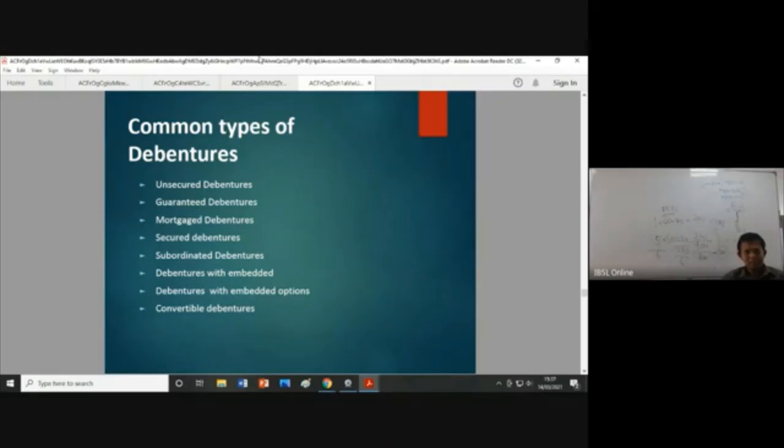Some can say ISB, international sovereign bonds, are in the junk bond category. That's what people say. Convertible debenture and callable debenture are the two options available for debentures. That is an embedded option. They are available.